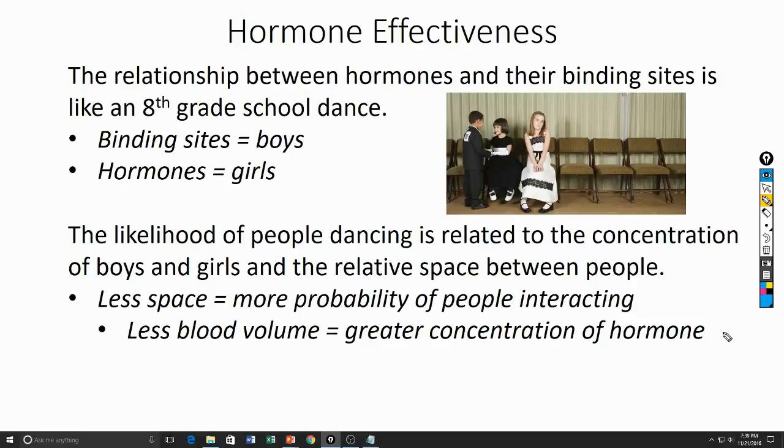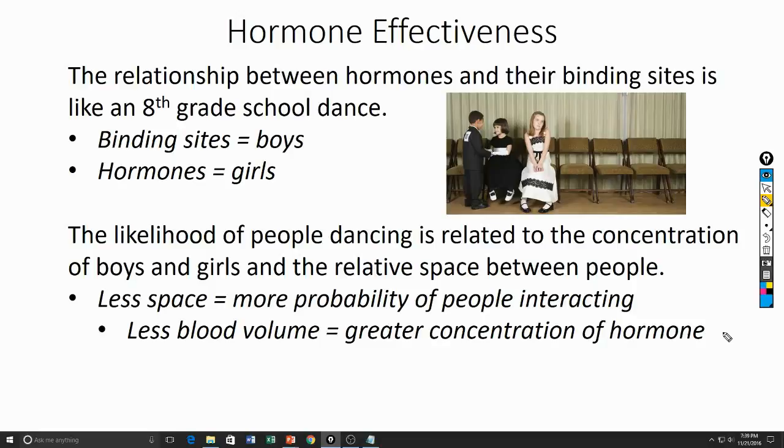So things that will influence the likelihood of 8th graders dancing together, okay? If you decrease the size of the room, you decrease the relative distance between the boys and the girls, right? And if you decrease the space, I would postulate the probability of dancing increases. The probability of interaction increases, right?